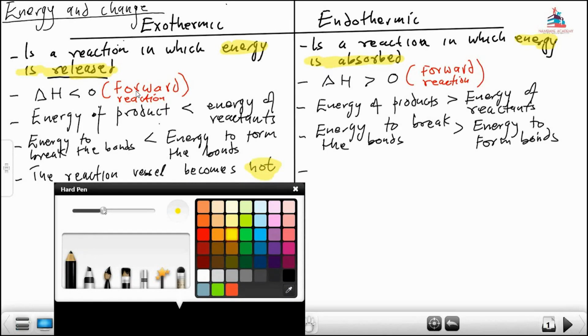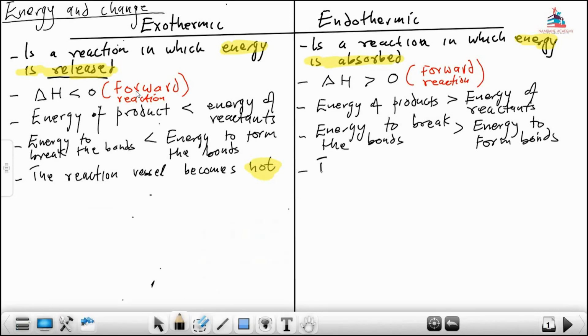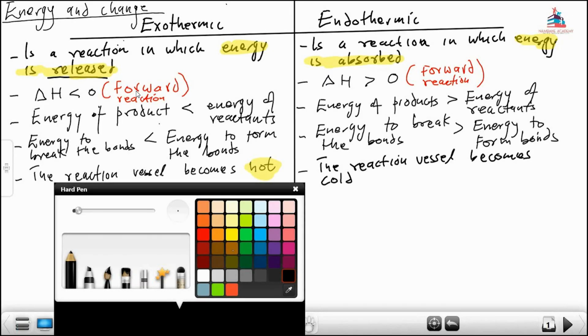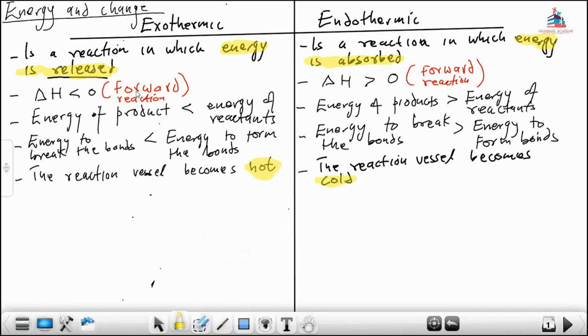And for endothermic, the reaction vessel becomes cold. Also very, very important for us to understand.